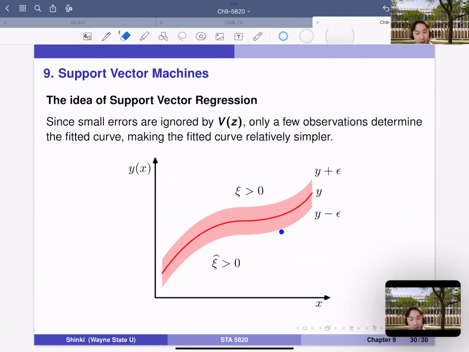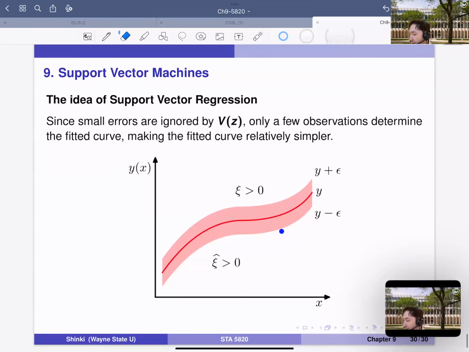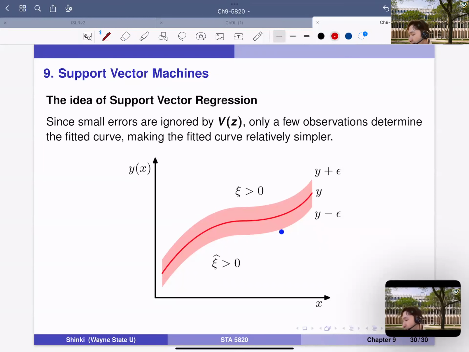And here is the idea of the support vector regression. At first we map X to a higher dimensional space, so we can identify the complicated relationship between X and Y. This red line is the fitted value, which represents beta times phi of X. Then this pink area is the so-called epsilon tube.